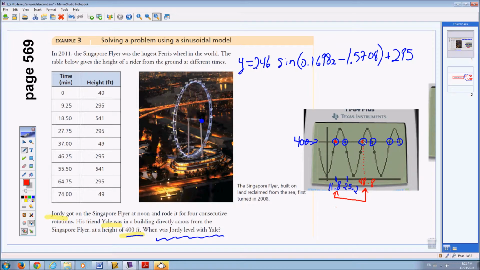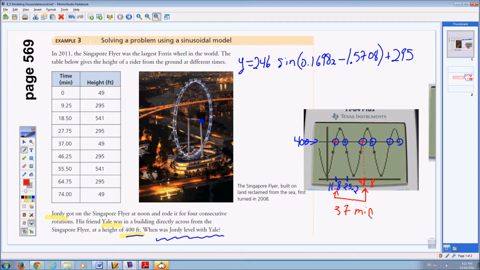So 48.8 minus 11.8 will give me my period. And because we are working our time in minutes, I know my period then is in minutes. 48 minus 11, 37.